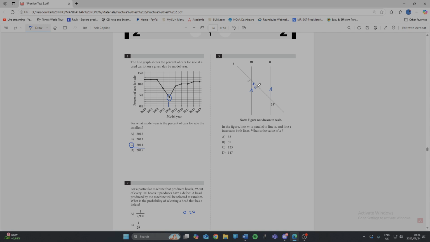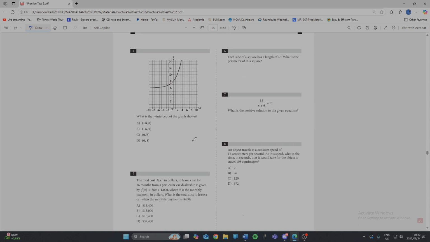So if this angle is 33, that means that X would be equal to 180 minus 33, which is equal to 147 degrees. So it would be D. This is because these two are corresponding angles, and then these two angles on a straight line would mean that the angle on the other side of the parallel line would have to make the sum equal to 180 degrees. So we would pick 147.